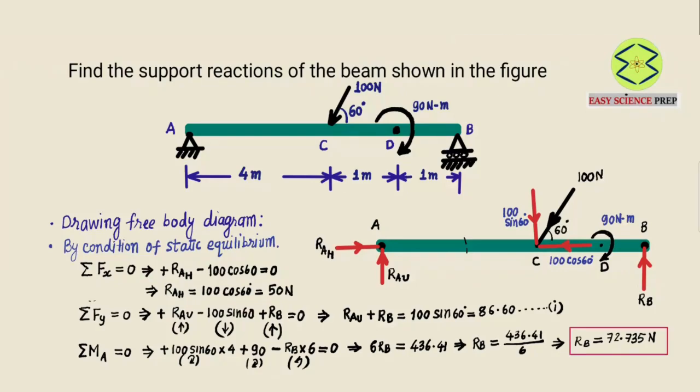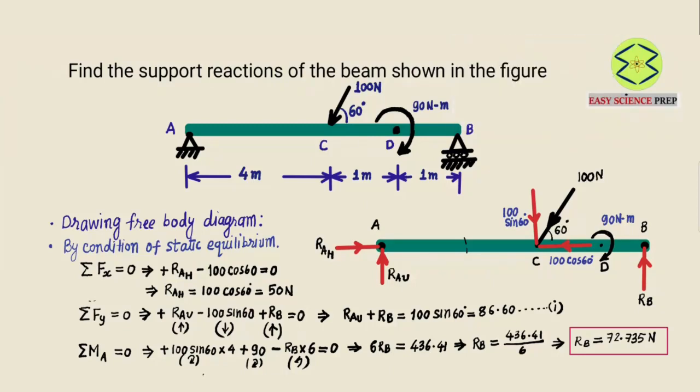Now if you substitute the value of RB in equation 1, you can get the value of RA from there. You get the equation of RAV, which is the support reaction acting in the vertical direction at point A. Let's see what value will turn out.